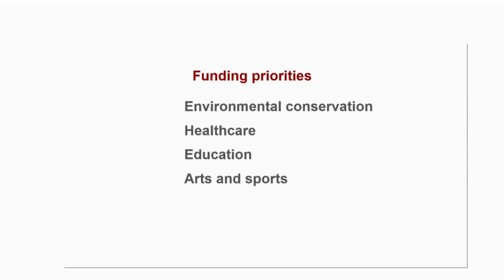Now organizations will have priorities for funding, well-deserving organizations or organizations that merit. Some of the areas of focus may be environmental conservation. We have organizations that are focused on healthcare, for example, pharmaceutical companies like Johnson & Johnson, Pfizer, and so on.